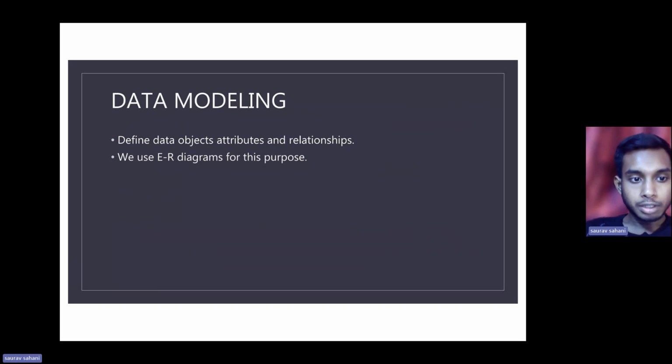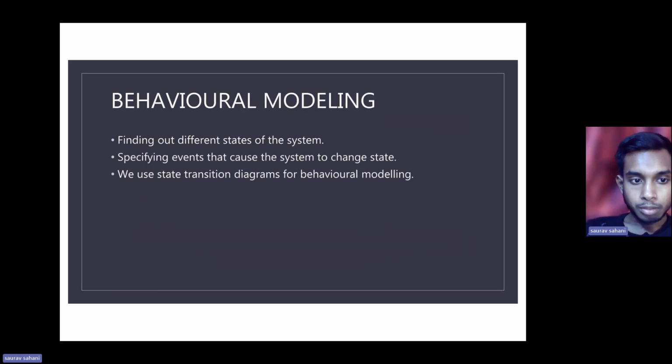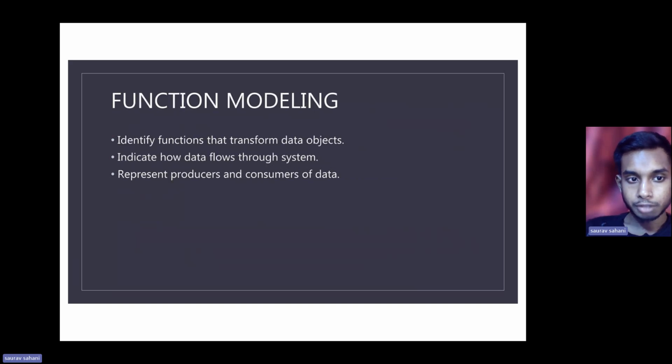Data modeling defines data, object attributes, and relationships. We use an ER diagram for this purpose. Behavior modeling: finding out different states of the system, specifying events that cause the system to change state. We use a state transition diagram for behavior modeling.